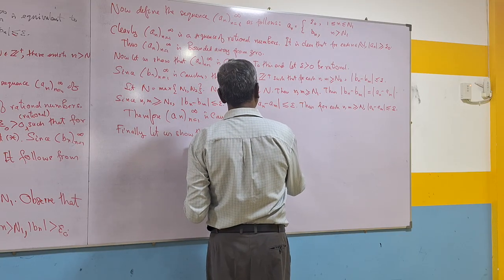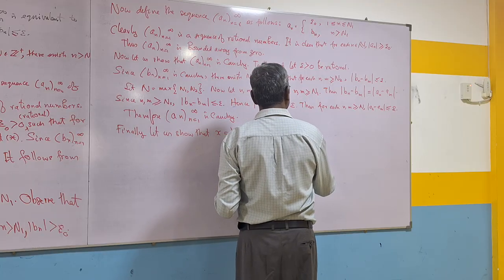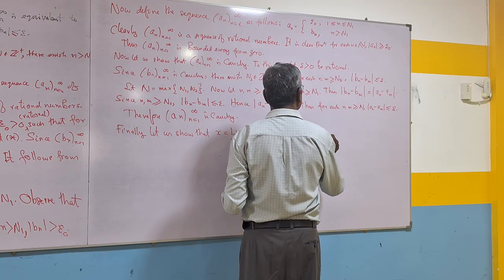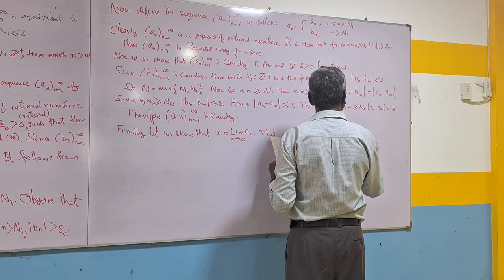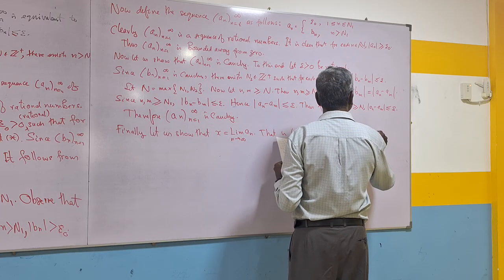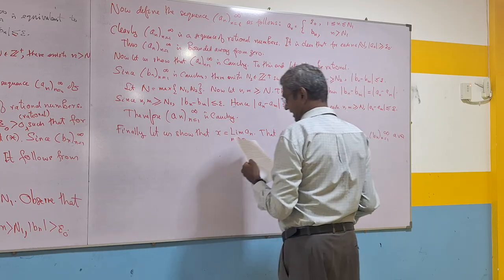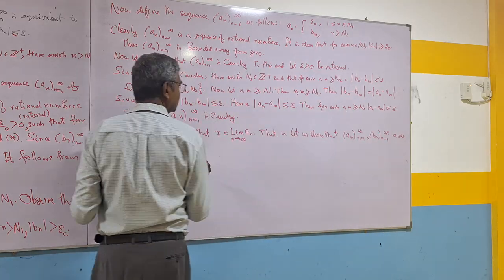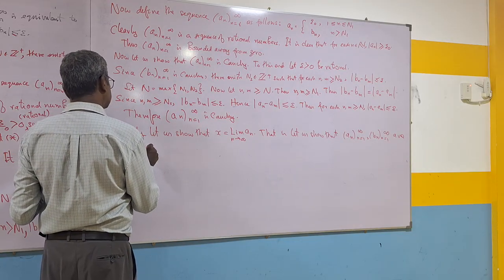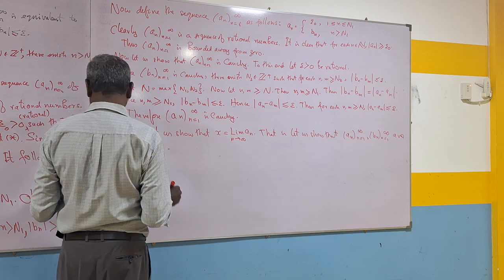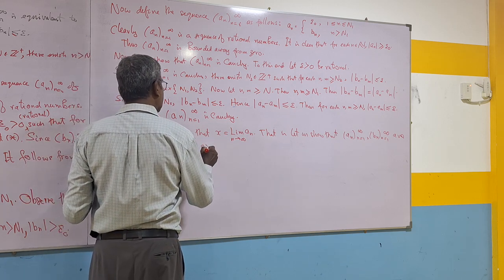That is, let us show that A and B are equivalent. Again, let epsilon greater than 0, once again, be arbitrary.